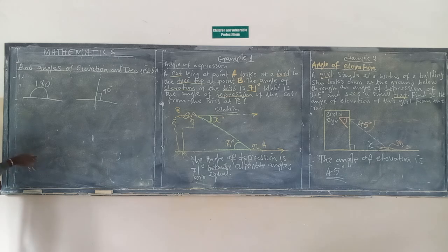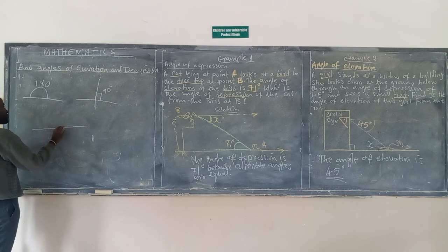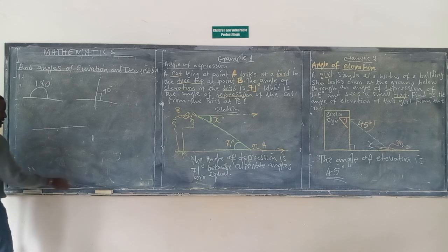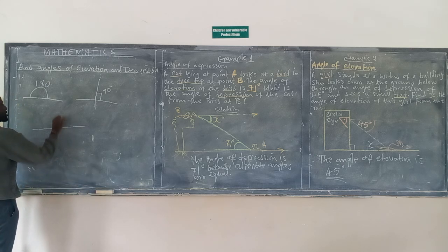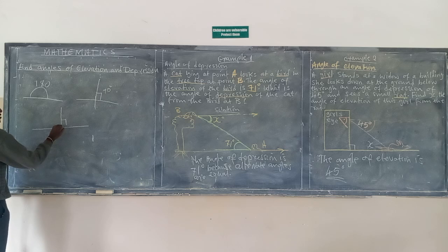So, in a situation whereby they ask a question like this, I saw this kind of question in a past paper. They will tell you that this is 90 degrees. They also extend this line like this.